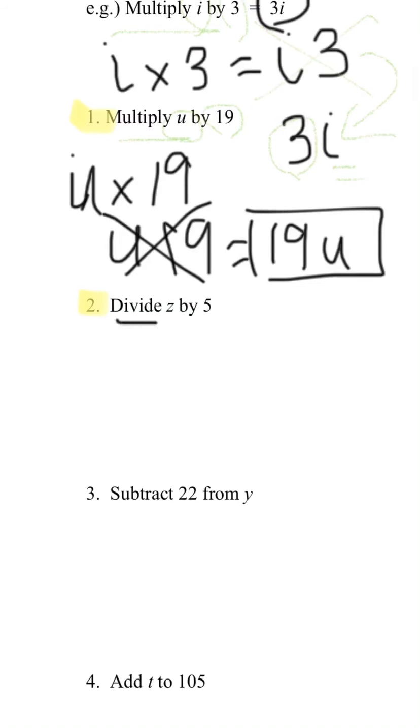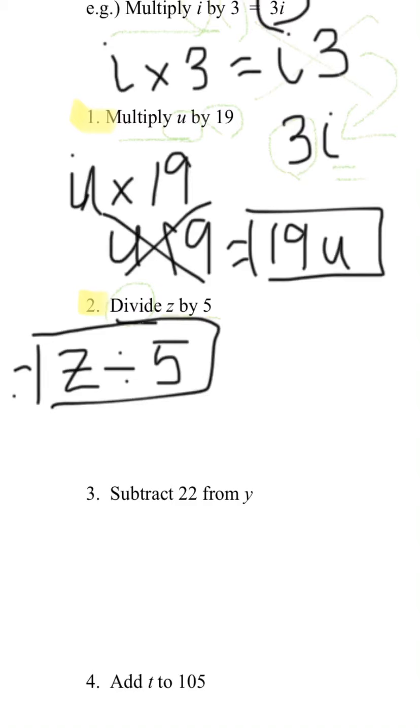Okay, now we have division, so it says divide Z by 5. Z by 5. Okay. Do you think that's the answer? Is that our answer? Nope, that's not our answer. When we have division, right, we always write it in the fraction form.